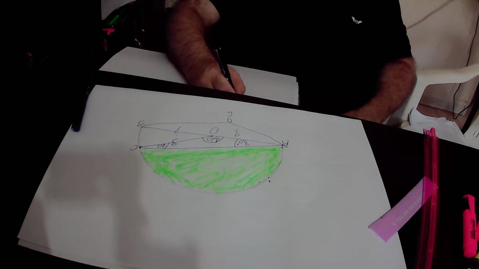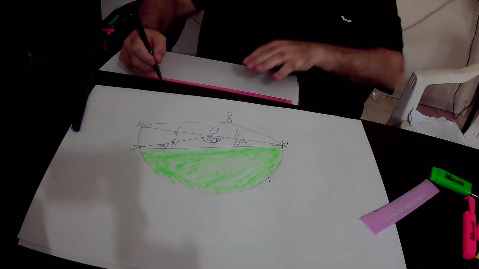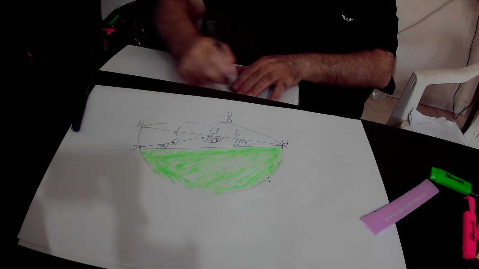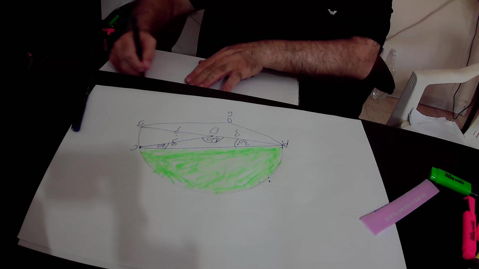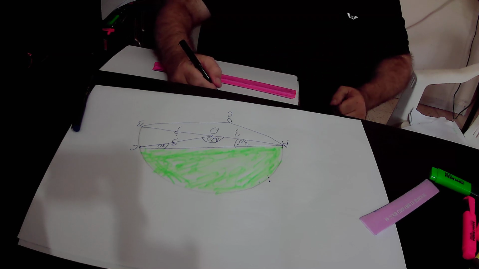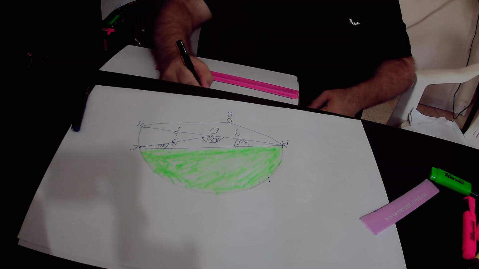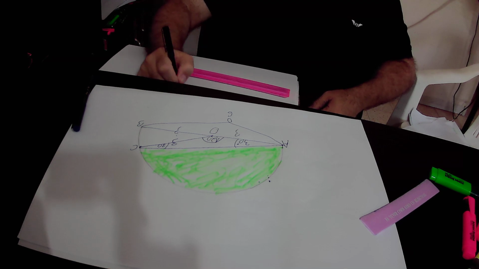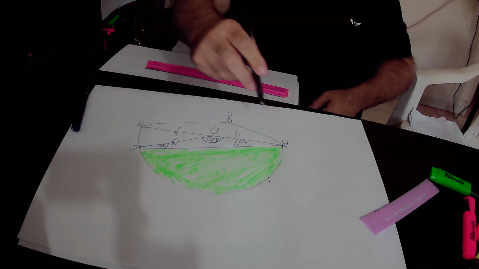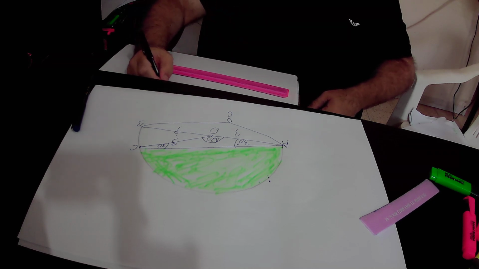So according to the second method, the area of this green shape will be equal to the area of the semicircle minus the area of triangle AOC minus the area of sector COB.